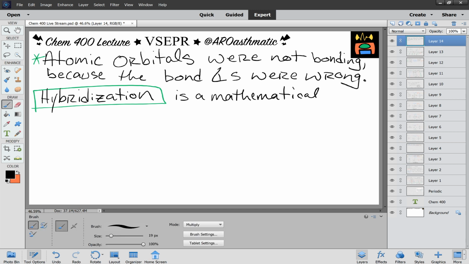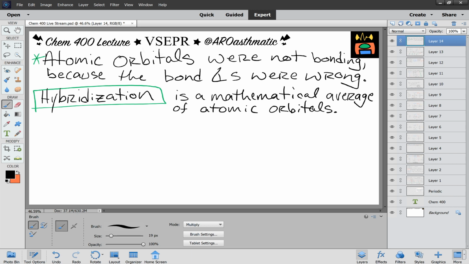It is a mathematical average of atomic orbitals, and it's a calculation of a new type of orbital.